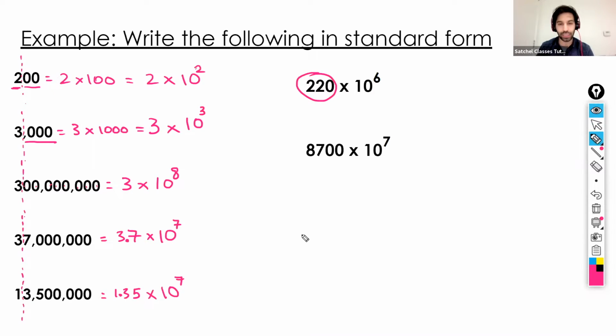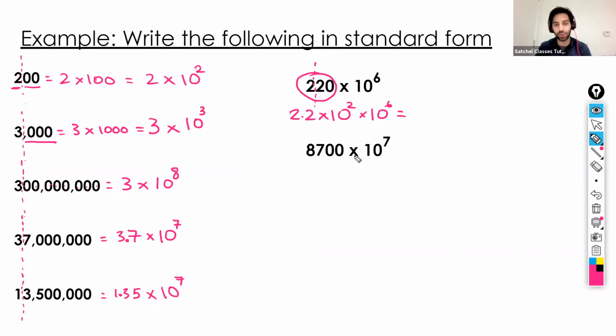And 220 in standard form is the same as 2.2 times 10 to the power of 2. So that's going to be 2.2 times 10 squared. And again, if we were to draw a line here after the first non-zero number, we'll have 2 digits after that. So that's going to be 10 to the power of 2 times 10 to the power of 6.